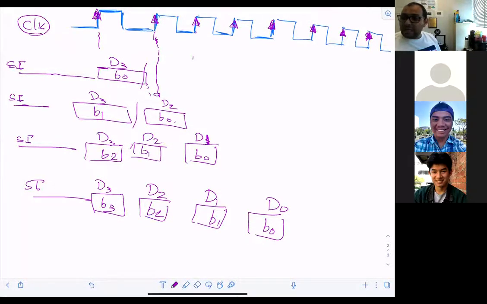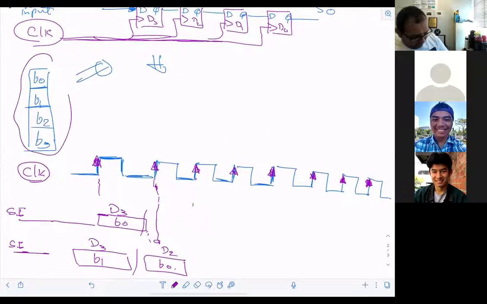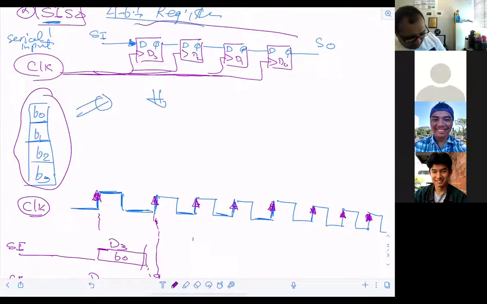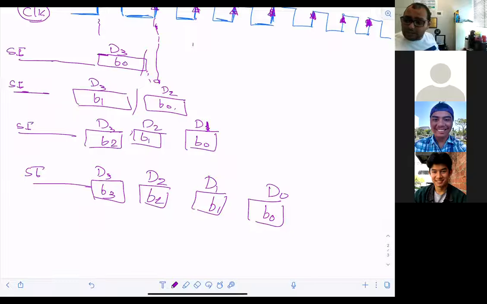So in that case, I loaded the 4 bits. I loaded the 4 bits inside what? The register. Make sense? Now, there is no output, right? I haven't received any output yet.